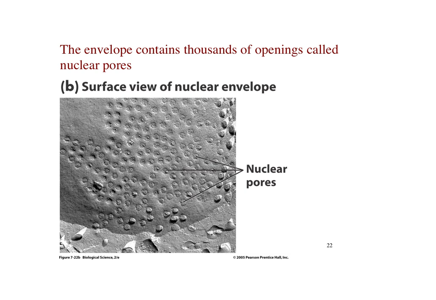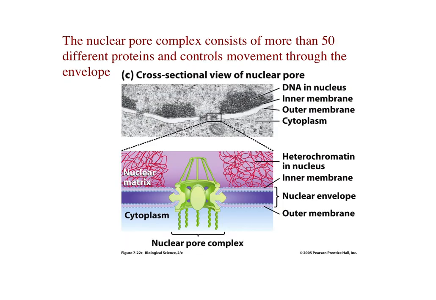Surface view, scanning electron microscopy, right? You can actually see these little pores, the little holes in the nuclear membrane, thousands of them. And a little cross section, same idea, and you can see it's a little hole. Here's that double layer inside, here's one, here's the other. Here's some of the DNA stuck right there on that membrane.